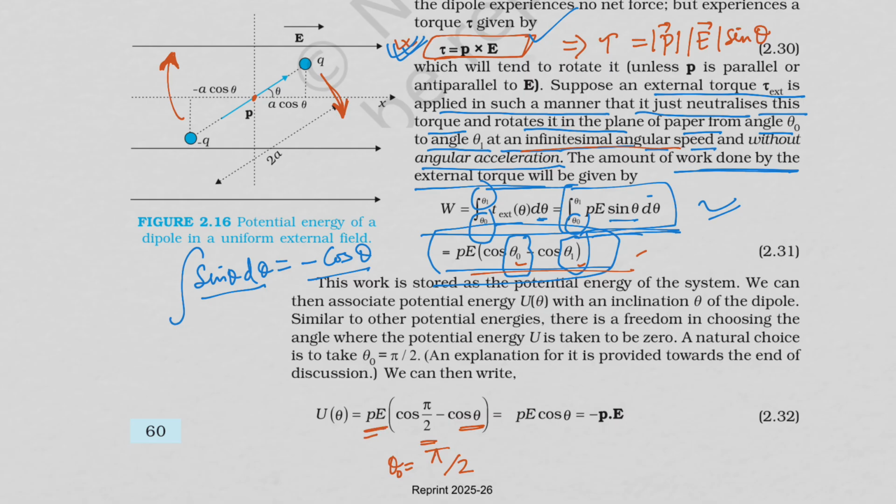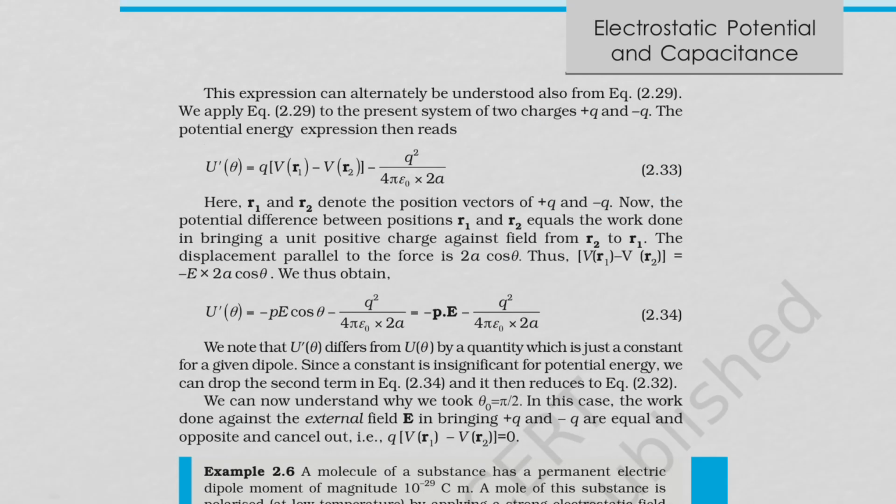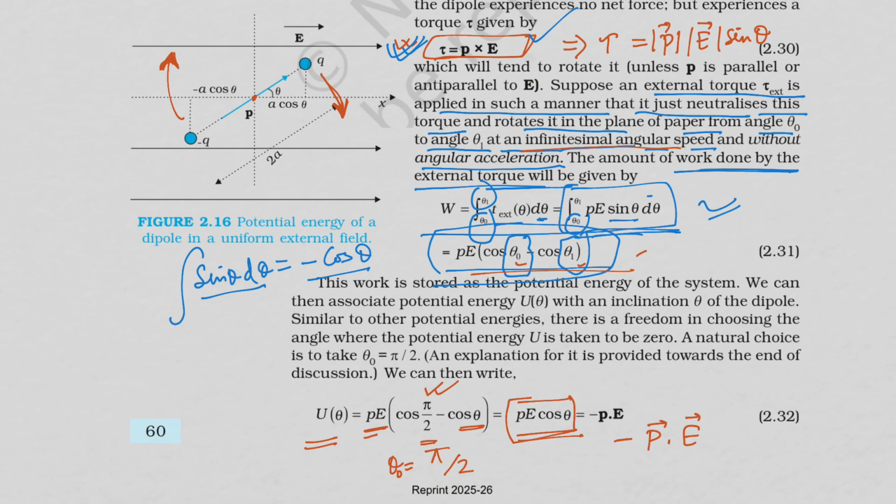That's why PE cos theta is actually minus P dot E. We can write it as a dot product because it is PE cos theta, and the minus sign comes from here. That is the potential energy of the dipole.